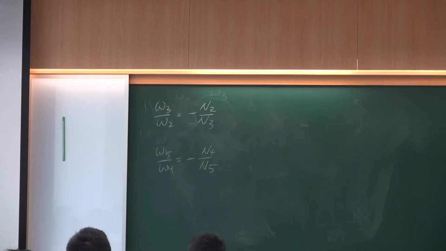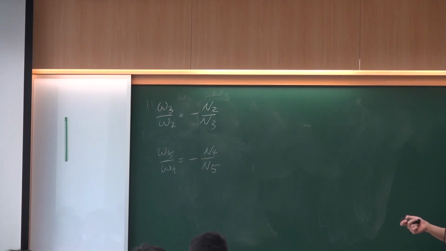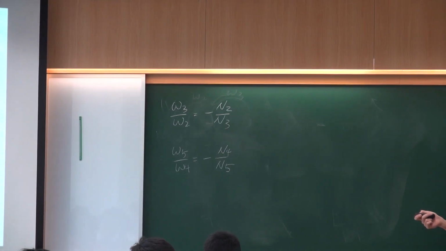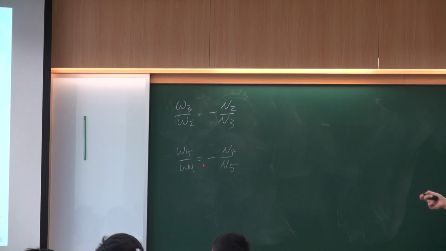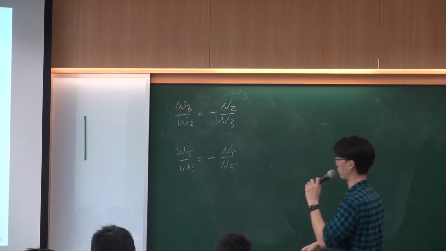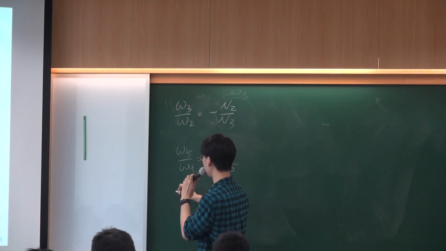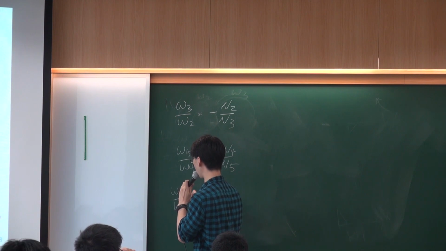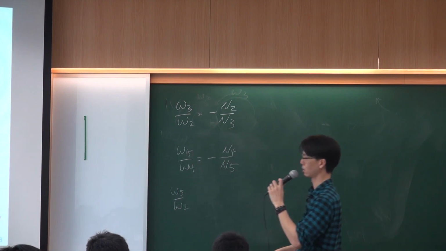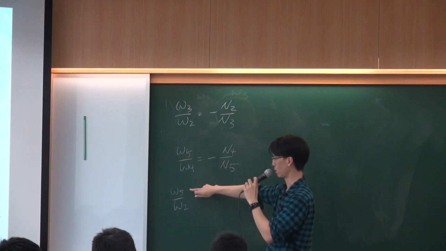So right now, according to these two pairs, 2 and 3, and 4 and 5, we know their relationship; they are just a pair of external gears, so the relationship is very simple. But right now I'm looking for omega 5 over omega 2. That's my output and that's the input.